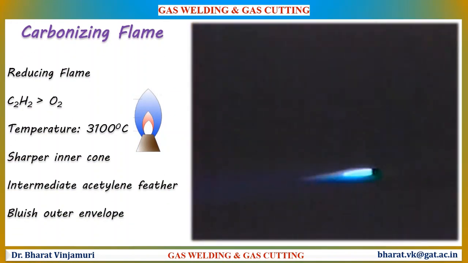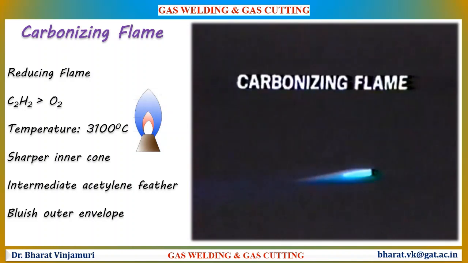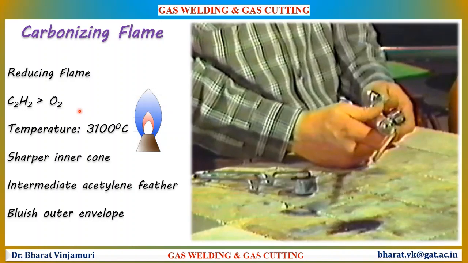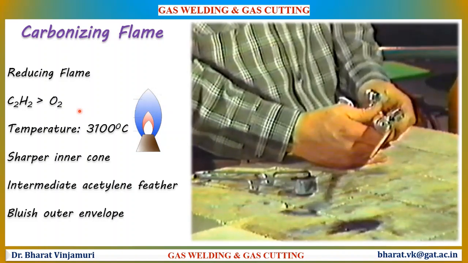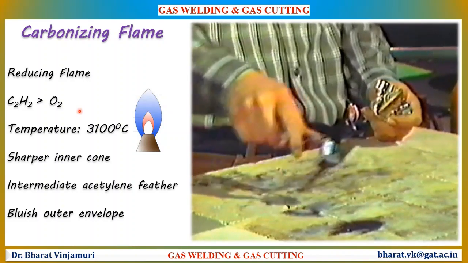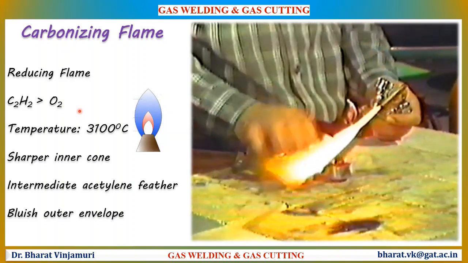Another type of flame used in welding is the carbonizing or reducing flame. This flame is produced with more amount of acetylene and less amount of oxygen. To produce the carbonizing flame, open the acetylene valve initially and ignite the acetylene with the lighter.